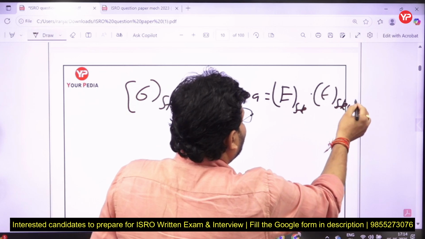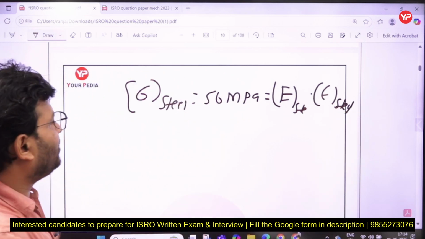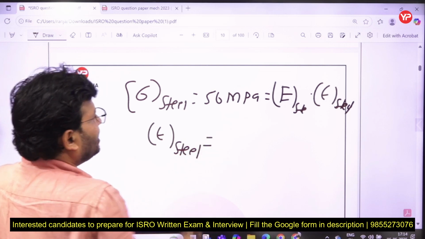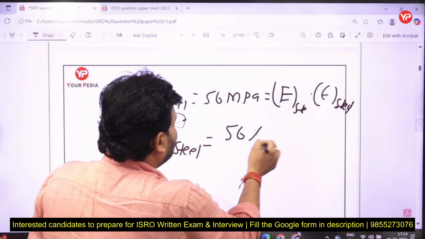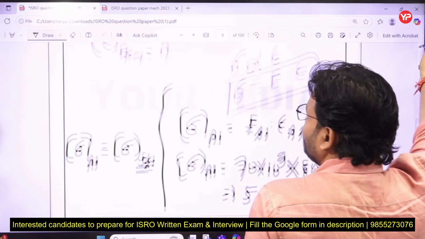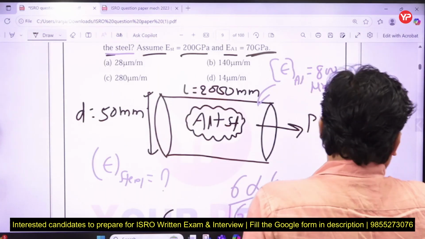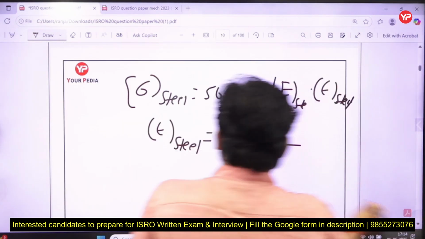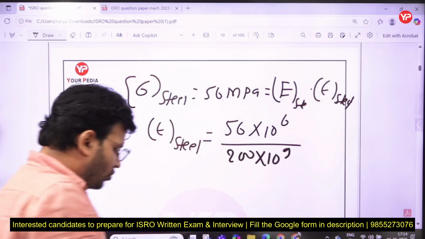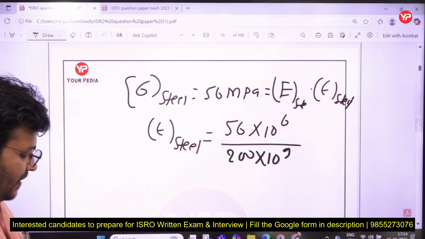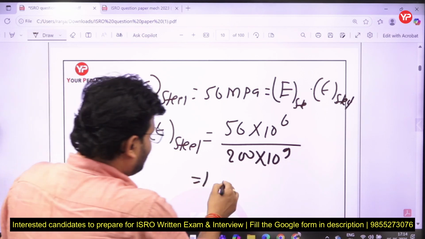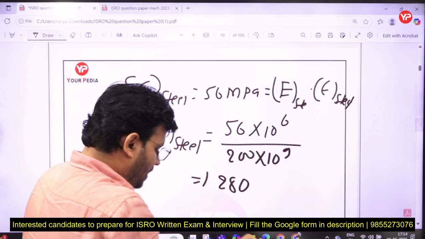I have to calculate epsilon of the steel, the strain of the steel. It will be 56 times 10 to the power 6 upon E of steel, which is 200 gigapascal, that is 200 times 10 to the power 9. By solving this, the value comes out to be 280 micrometer per meter.